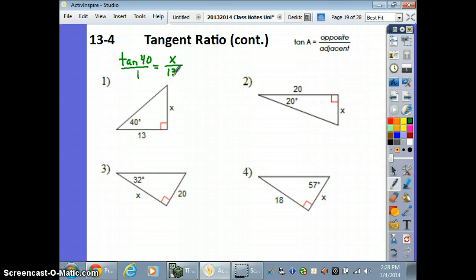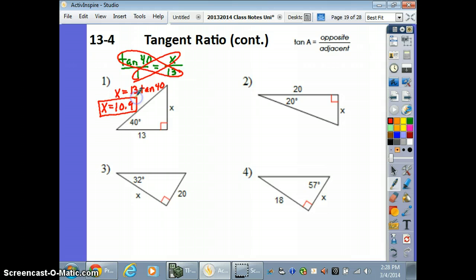Then we do our cross products, and we end up with x equals 13 times tangent of 40. Remember, write the 13 before the trig function. We put it in our calculator, and we got 10.9.